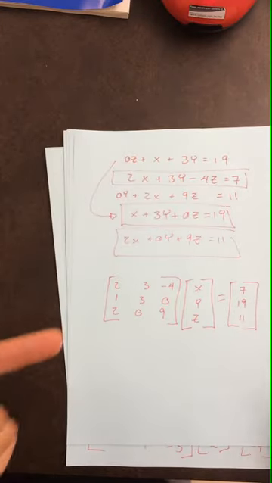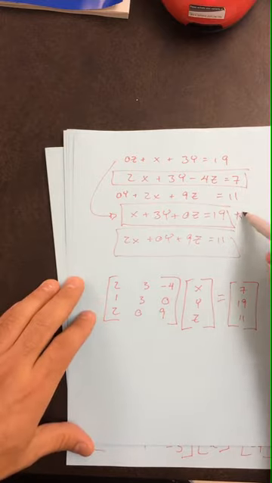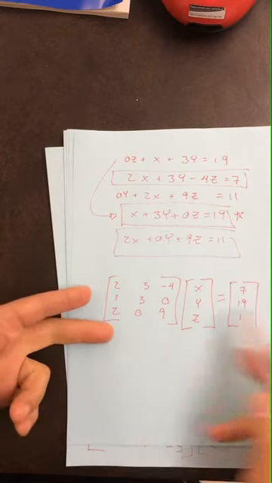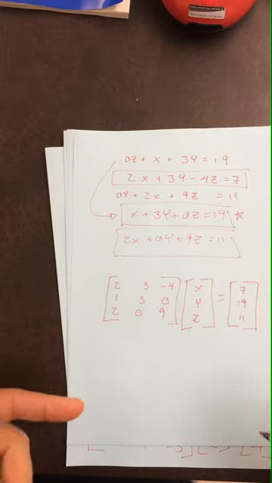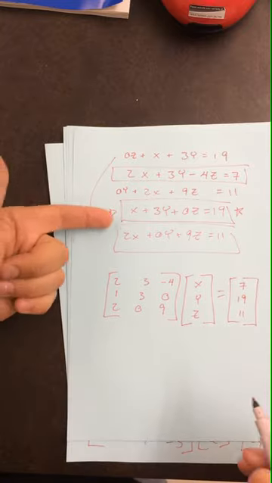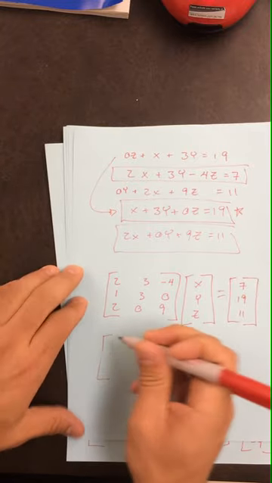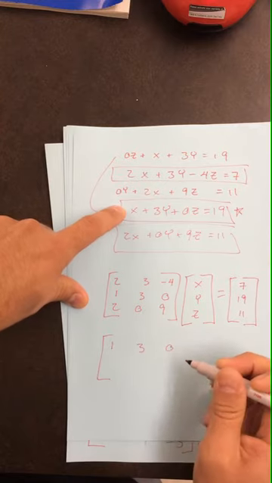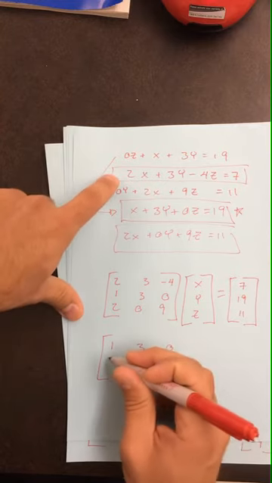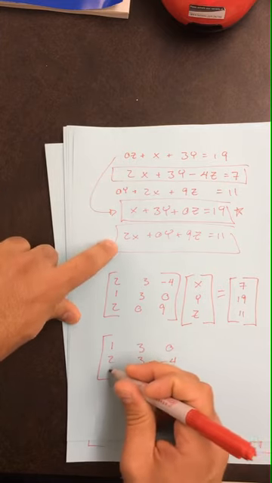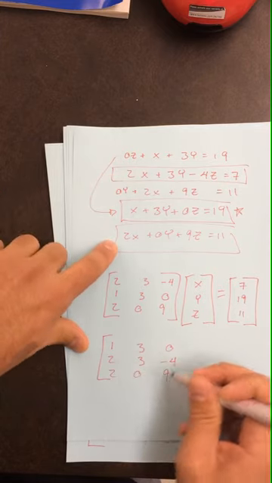Now some of you guys are probably wondering, Mr. Lothamer, this was your first equation. How come that one didn't have to go first? The order that these go in actually doesn't matter. The important thing is that they're in the right form. So if I wanted to put this one first, I could. The only thing that would change here would be 1, 3, 0, 2, 3, negative 4, 2, 0, 9.